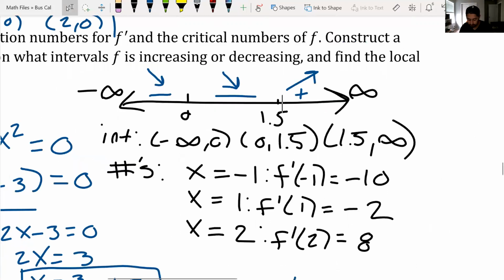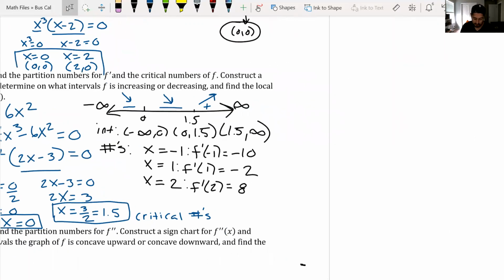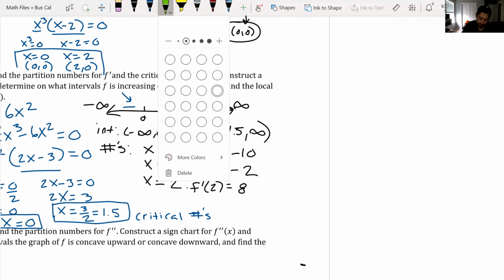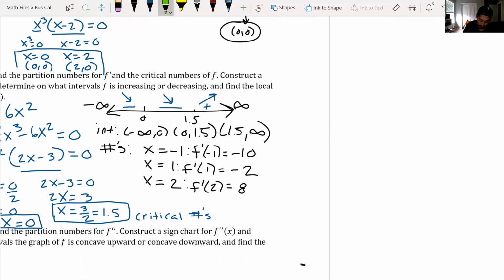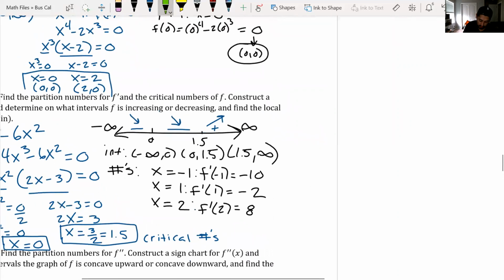Okay. All that's left to do now, if I had space, is find the maximums and minimums. Okay, which means let's go ahead and look at 0. Well, we see at 0, we decrease and we decrease.